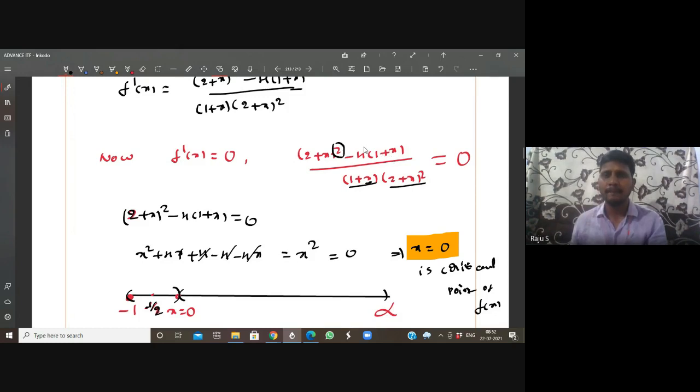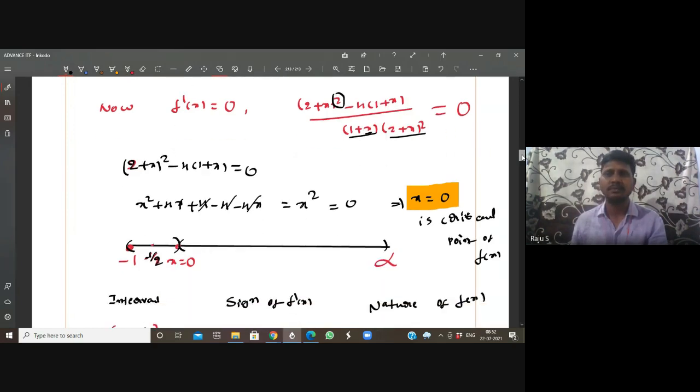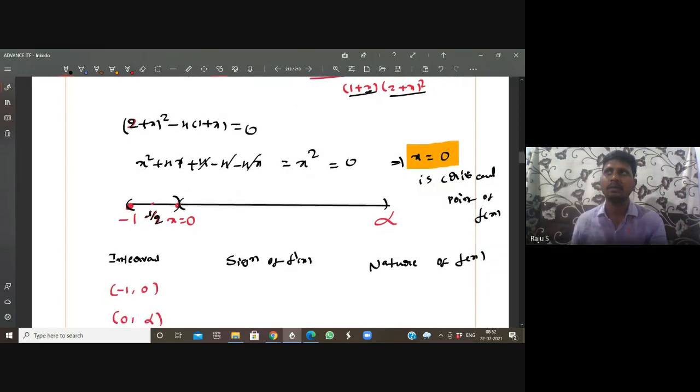Overall, students, greater than 0. Is it greater than 0?